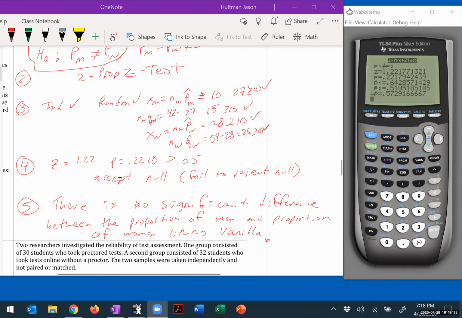And I believe this file is already up there. It's called Chapter 12 Project. It should say Chapter 12 Take-Home Project or Take-Home Exam or something like that. If it's not, I'll load it. But again, until we get into Chapter 12, it's something that you're going to have to use a pencil and a ruler on, and then you're going to need to scan it or take a picture of it.